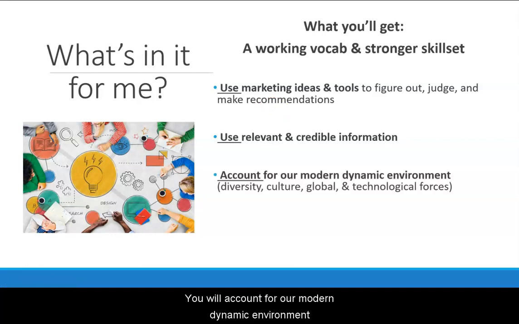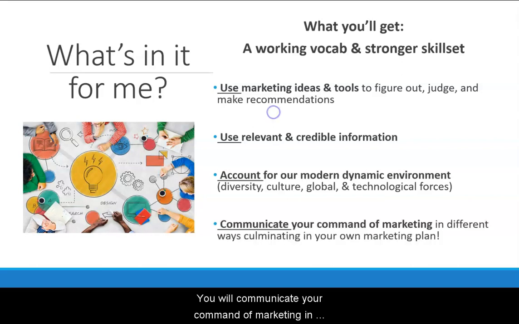You will account for our modern dynamic environment, so diversity, culture, global and technological forces, you name it. You will communicate your command of marketing in different ways, culminating in your own marketing plan. So we'll be talking marketing with for-profits, nonprofits, institutions like schools or hospitals, political campaigns, ideas, and beyond.